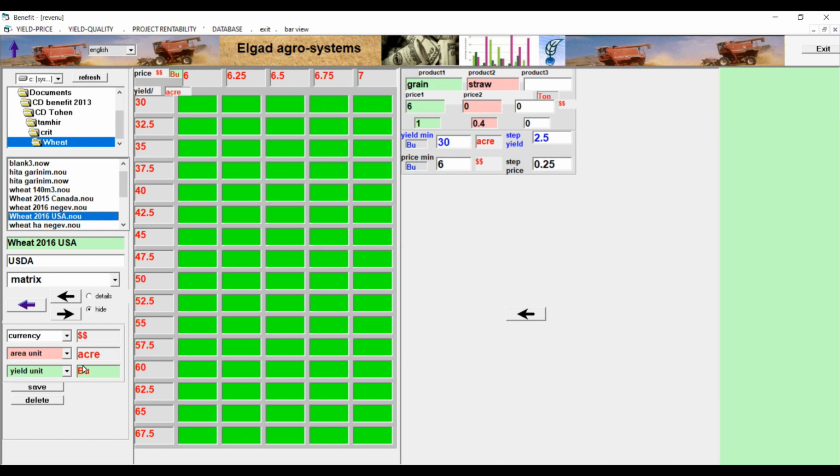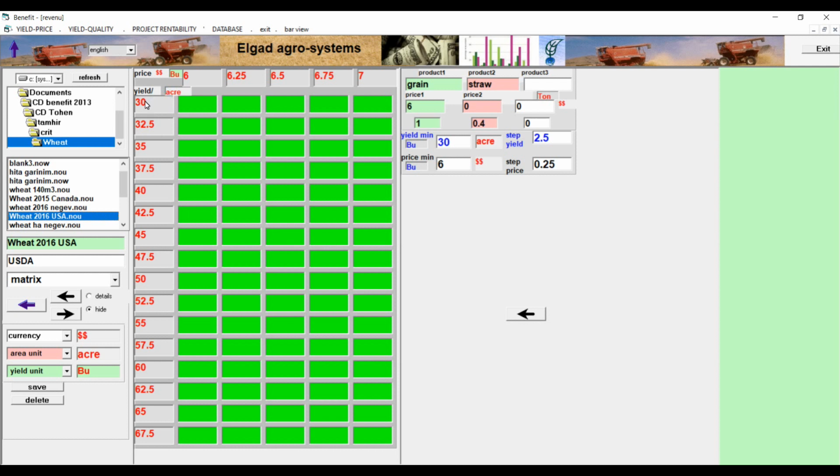Here we have dollar, acre, and bushel for the yield. The price will move from 6 to 7 with a step of 0.25, and the yield in bushel will move from 30 to 67.5 with a step of 2.5: 30, 32.5, 35, and so on.